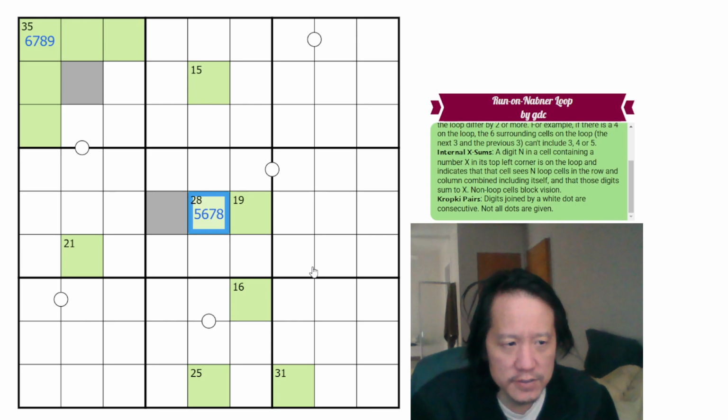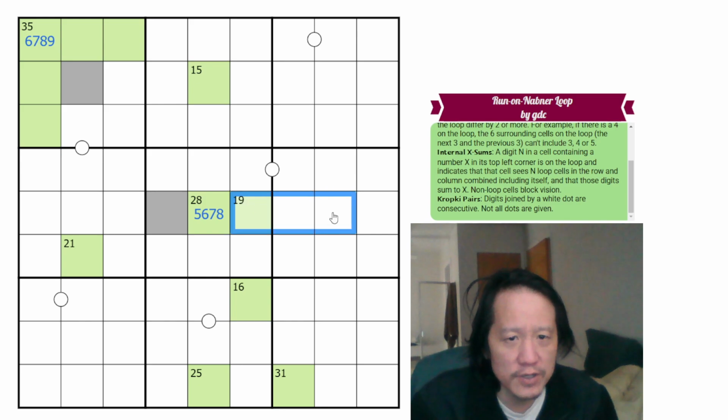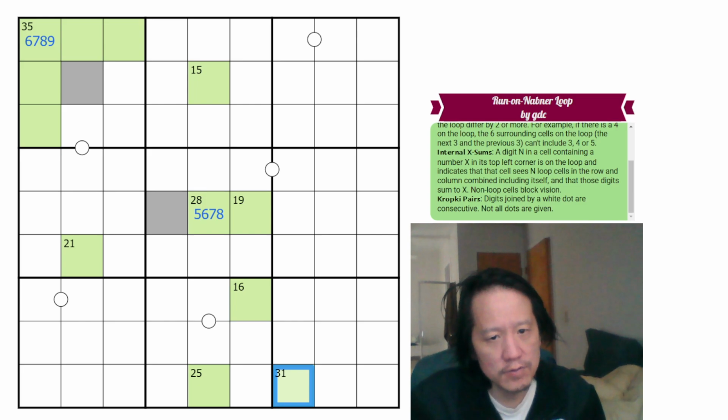It could be 8, because you could have 8 with 1, 2, 3, 4, and 1, 2, 3 is the minimum. So then that would be 16 plus 8, which is 24. Okay, so 31 and above can be up to 9, and it has to be at least 5.